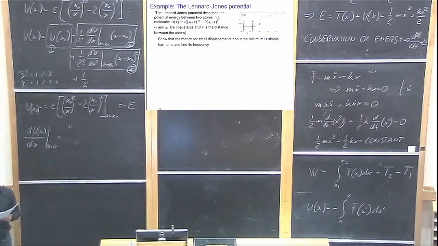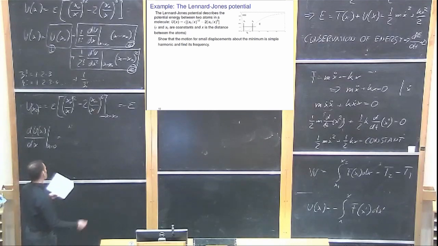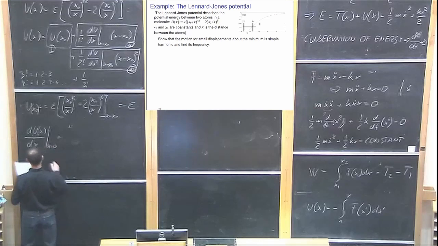We are looking at an expansion around the minimum, so the first derivative should be 0. Unfortunately, we have to do it because we need the second derivative as well, and for that we have to work that out.